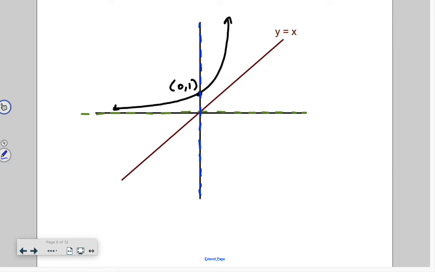And like we just talked about, once you flip the x's and the y's, if you can visualize the graph being reflected over our line y equals x, that point (0, 1) gets reflected to this point (1, 0), and the graph looks something like that.